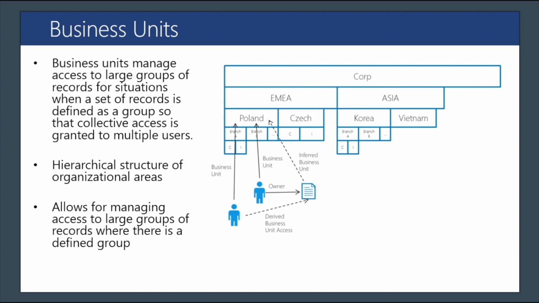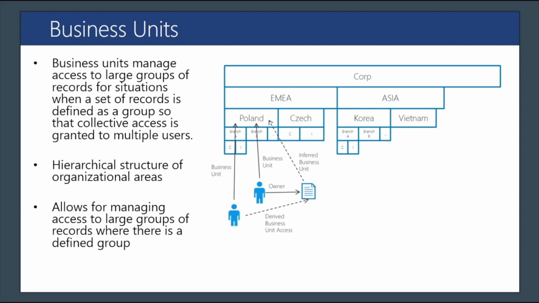And as we can see with the figures here, we have one user who is defined as the owner of a record, and this user is a member of the Poland business unit. So they have direct access to the record in the system. Now this record has the business unit associated of Poland as well. So that's the inferred business unit based on the owner being a member of Poland.